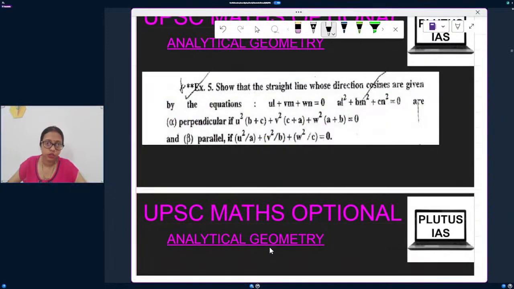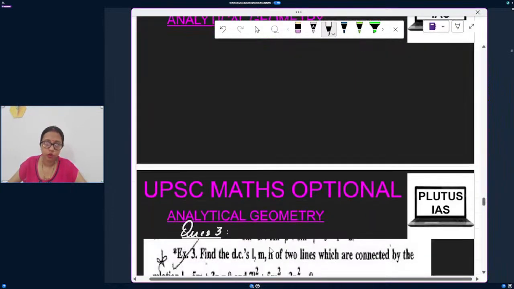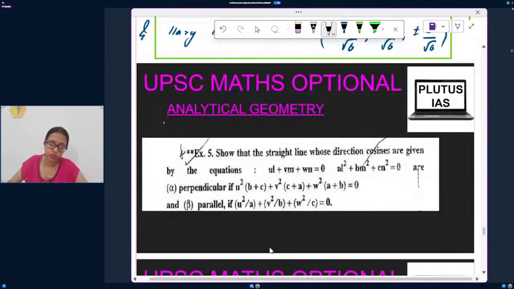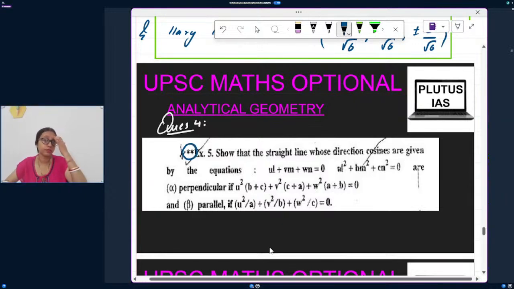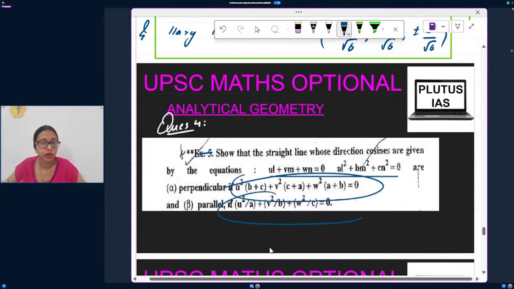See this question, question number 4, and it's a double star question. Look at this, double star. Okay, show that the straight lines whose direction cosines are given by these equations are perpendicular if this happens and parallel if this happens.